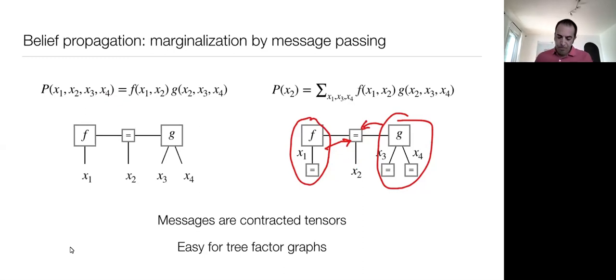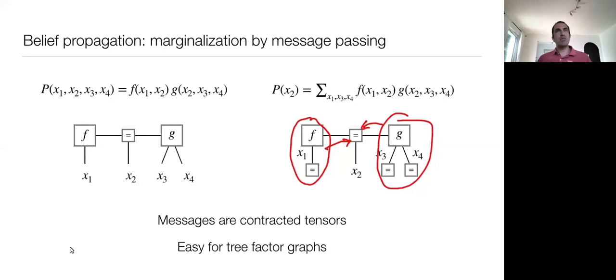Okay. Good, so the messages, as it's written here, are contracted tensors, and this is very nice and easy and works basically for tree factor graphs. So it's going to be an exact method of doing this. For us right now, we could contract any network we want.